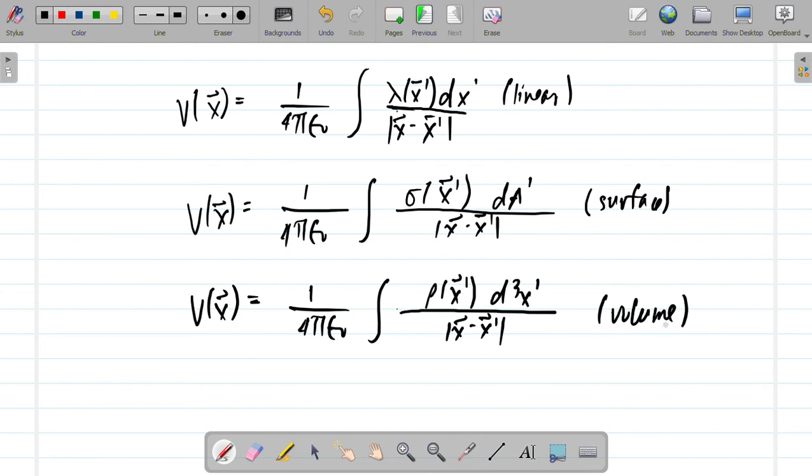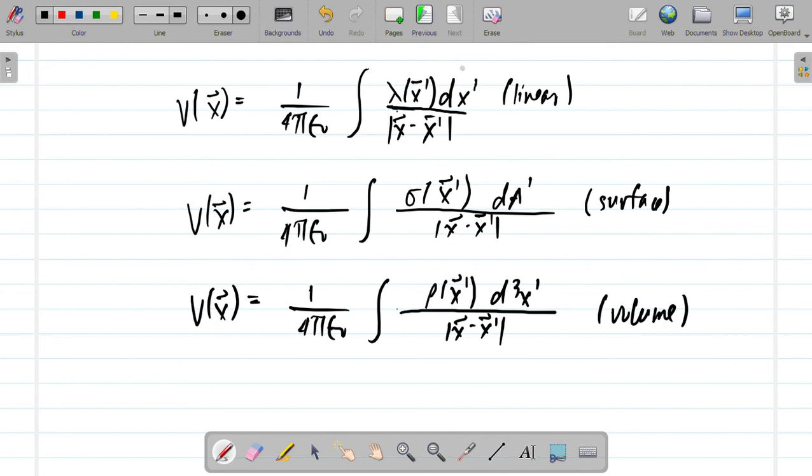So class, bakit ko sinulat as ganito yung may prime na? Kasi, tignan nyo, V of x lang. Again, take note yung prime coordinates, ayan yung source natin. So, lambda as a function ng source, x prime. Then, over x minus x prime, ito yung separation vector natin, magnitude.